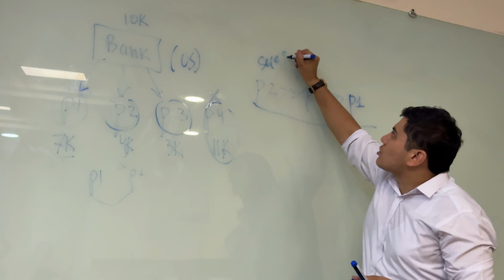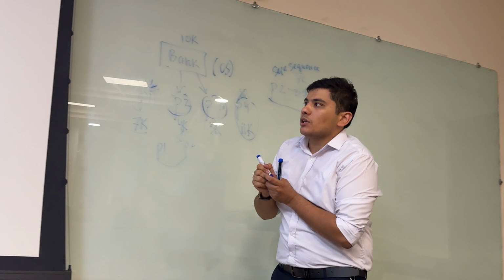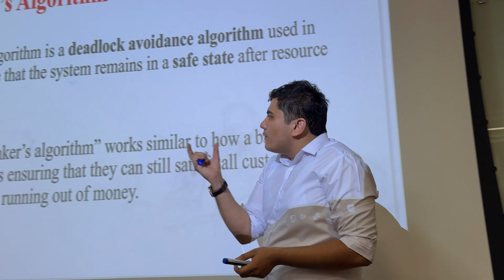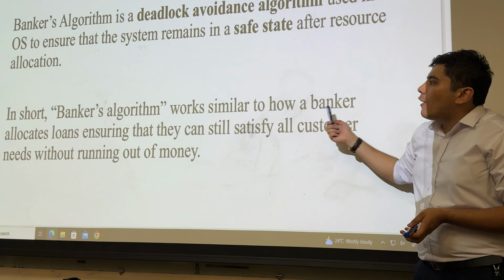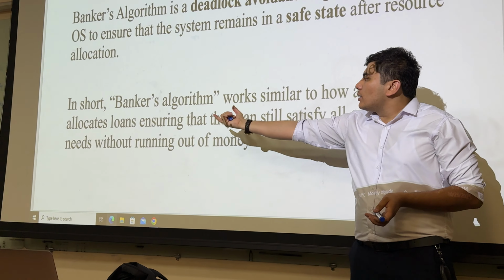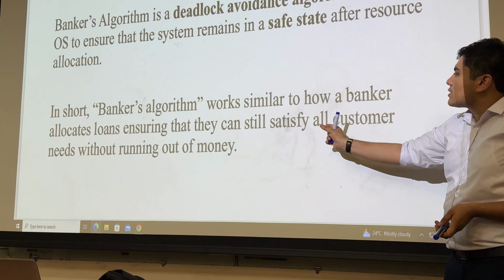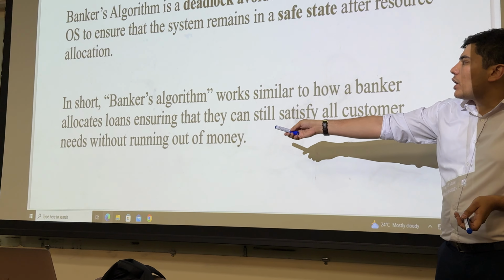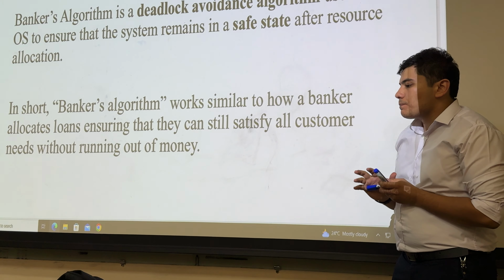Safe sequence, you can also call it, okay? In very short, the banker's algorithm works in a very similar way to how your banker allocates the loan, ensuring that they can still satisfy all the customers without running out of money, okay? So this is the banker's algorithm.